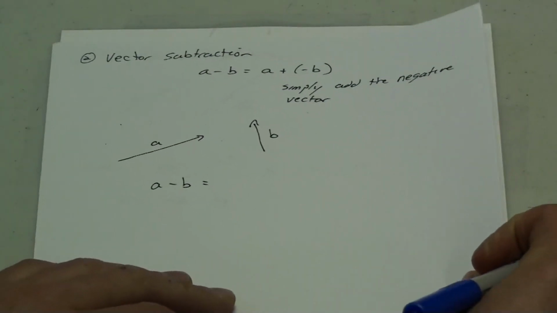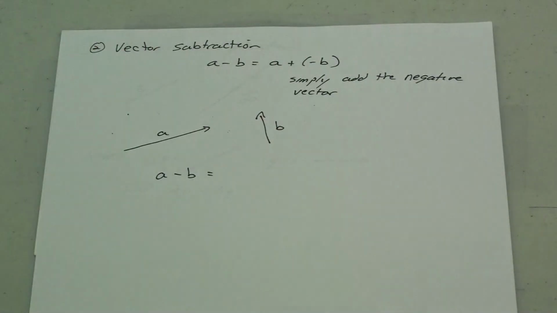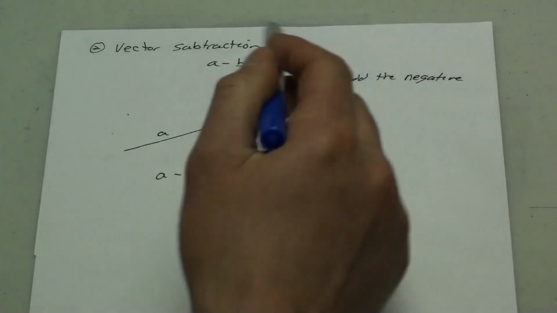I can do vector subtraction. Now vector subtraction is just adding the negative, or the vector going the opposite direction.